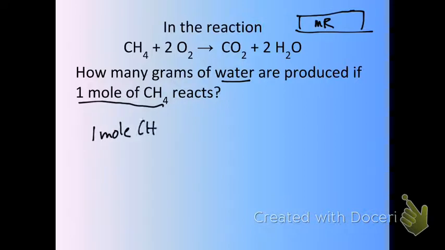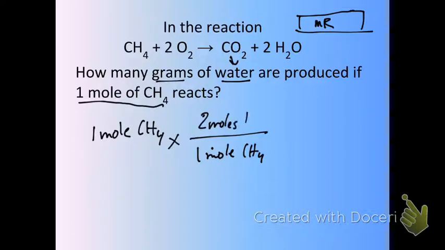Once you realize you have moles, you're in the box. So we can use the molar ratio to convert to water. Now, I know we need grams of water, but before you can get grams of water, you have to convert to moles of water. So for every 1 mole of CH4, we have 2 moles of H2O. So that's going to give us 2 moles of H2O.